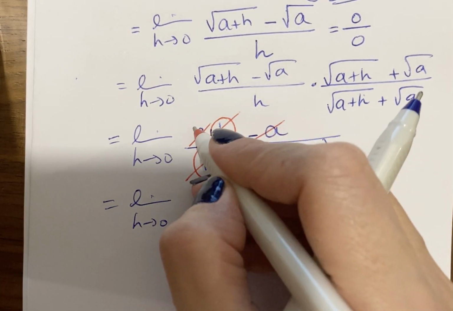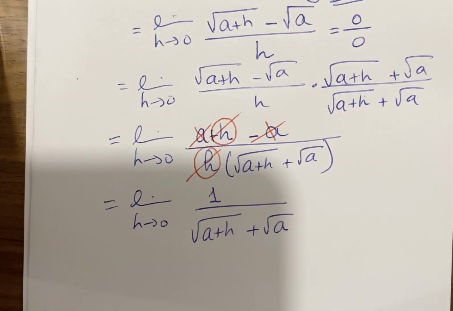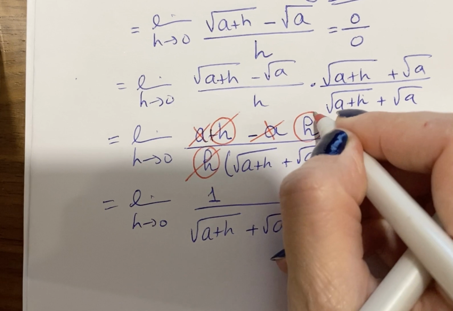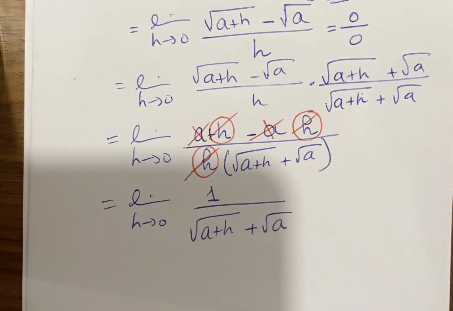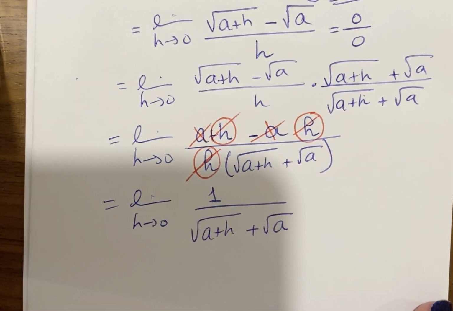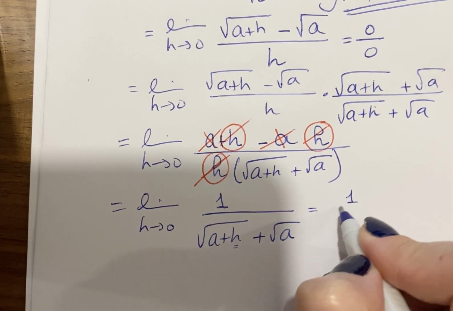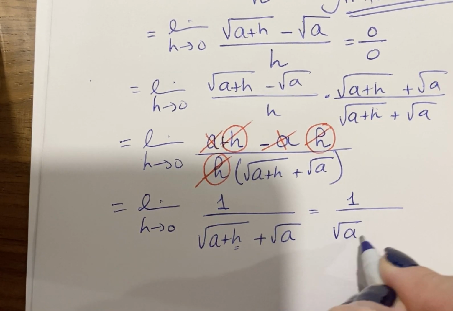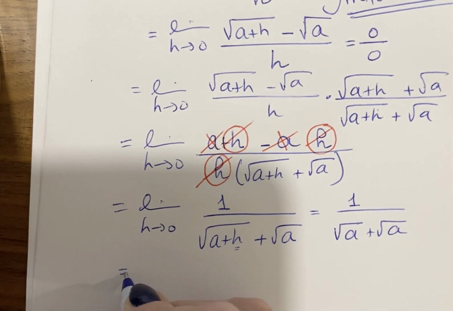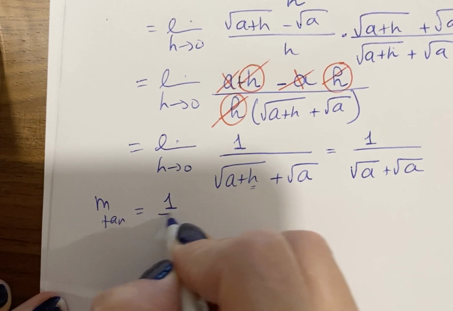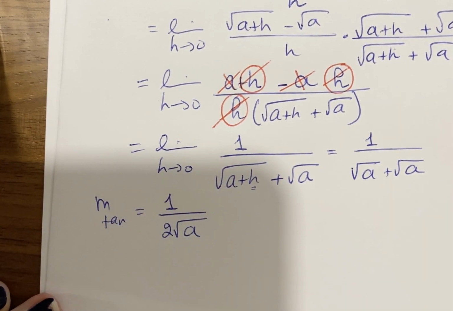Because after you cancel a with a first, what do you have left on top? h. So this on top cancels with this on bottom. What do we have left? 1. And now substitute h to be 0 again. What will you get? 1 over root a plus root a. So the slope of the tangent in general is 1 over 2 root a.